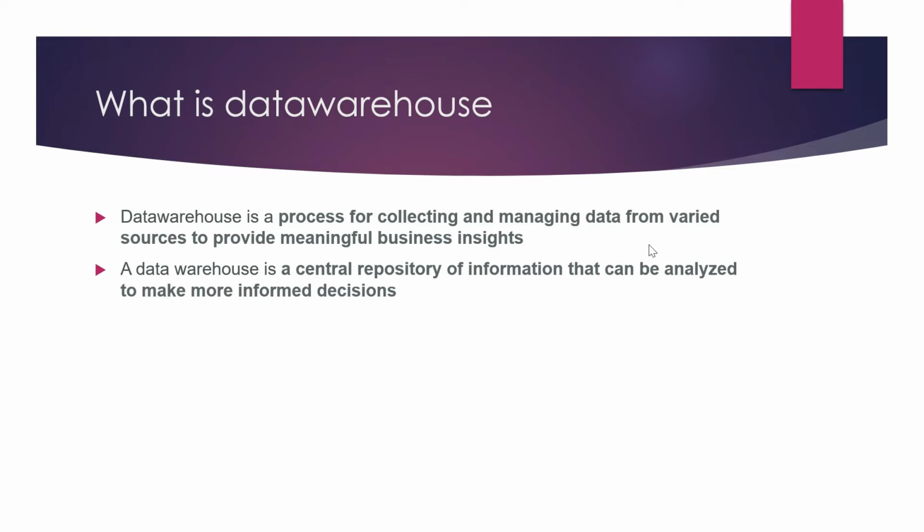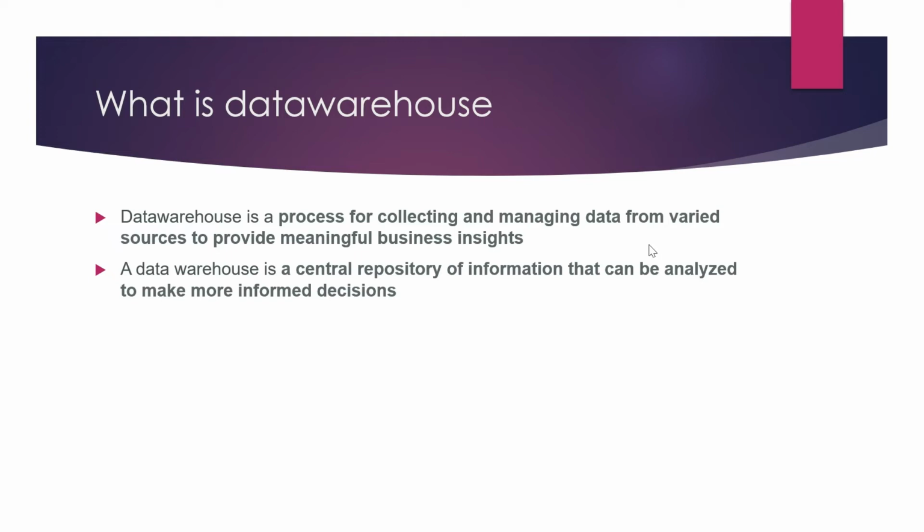They do this based on reporting, and that reporting is based on data warehousing. In other terms, you can say that a data warehouse helps business take strategic decisions to expand their businesses.